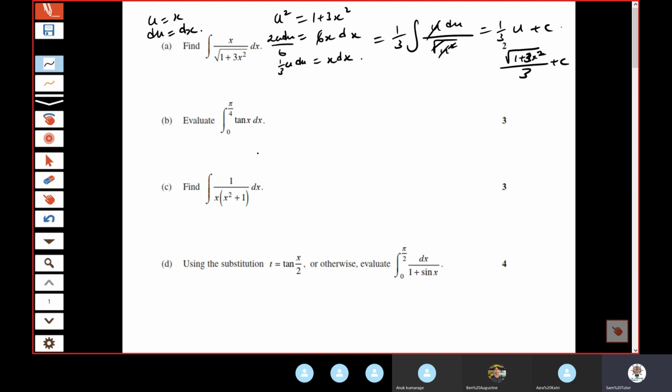Tan. Oh, interesting. Integral of tan. Okay, what did some of you guys write? Let's see who got this out. Integral of tan. Is it sec tan? Or is that the other way around? I think it's the other way around. So it's good that you've memorized that.